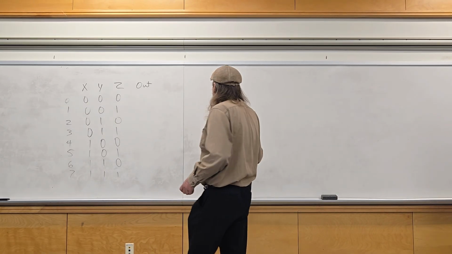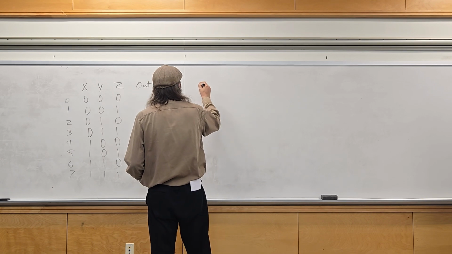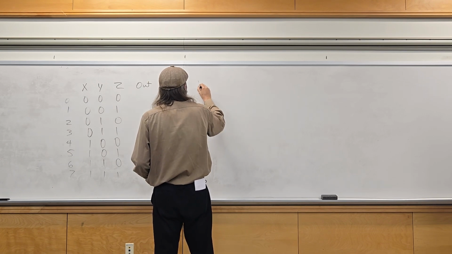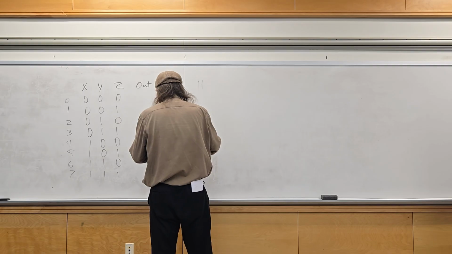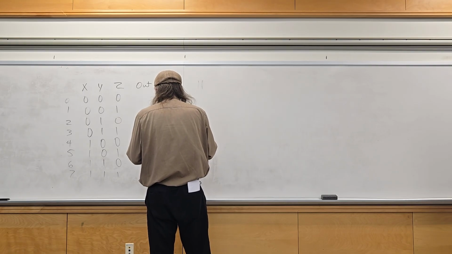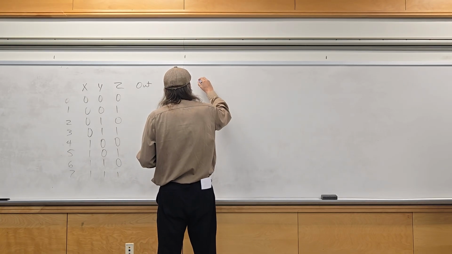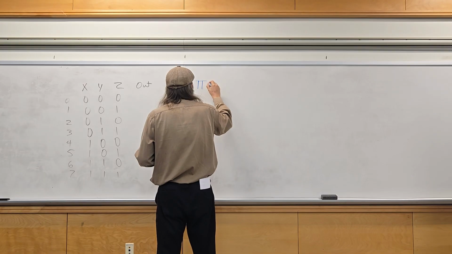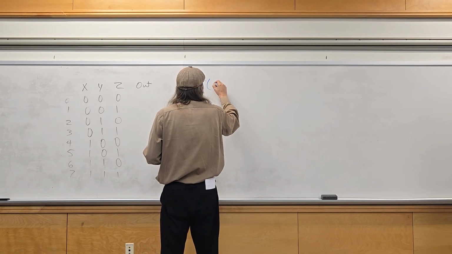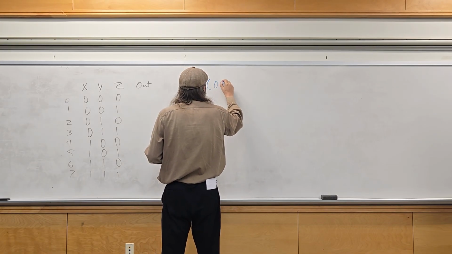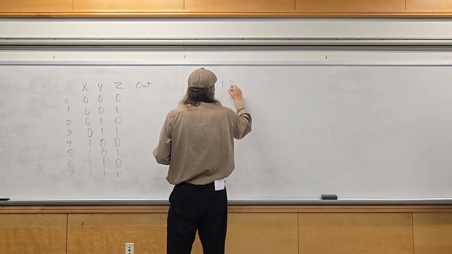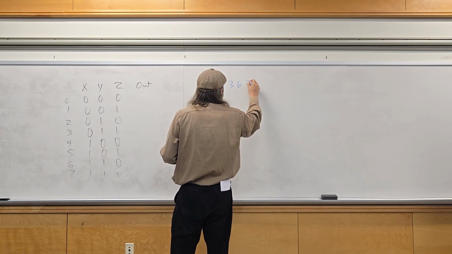Let's do, you're given, my marker is dying. Product 0, 1, 3, 6, 7.